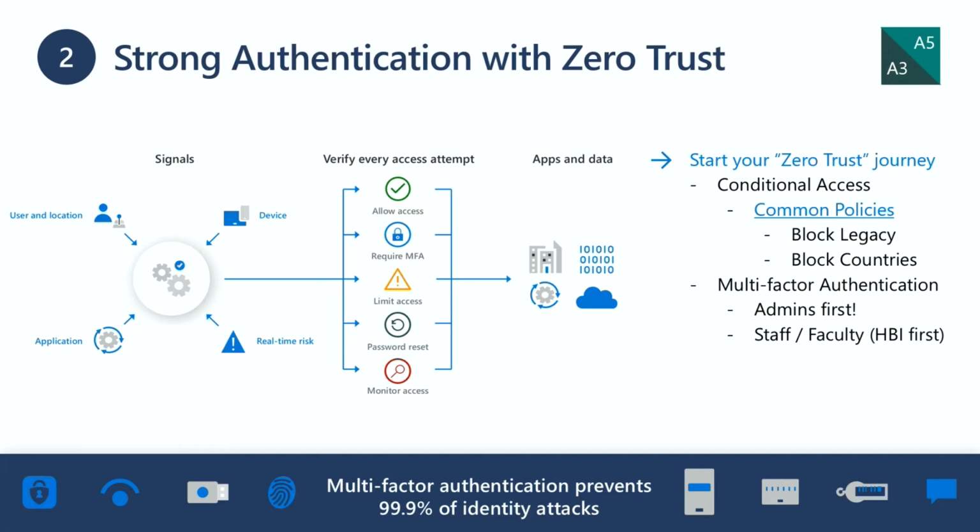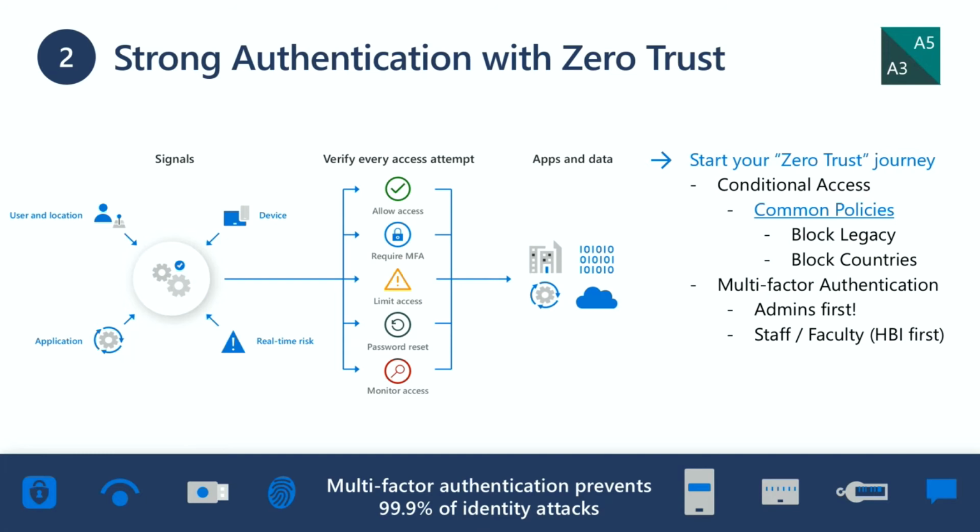It's not without its struggles. Education is hard for deploying MFA. You don't necessarily have all your students running around with smartphones. You don't want to give them YubiKeys or FIDO tokens because they're going to lose them. They're kids. It has its own challenges, but you can still implement security controls and help protect your users and your identities by doing some common policies, whether it's blocking legacy auth, blocking certain countries, or using MFA.